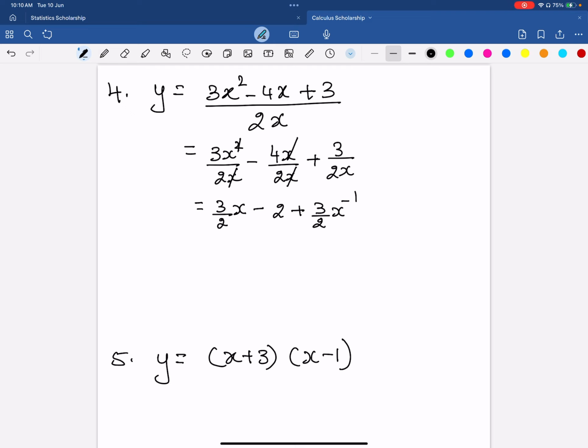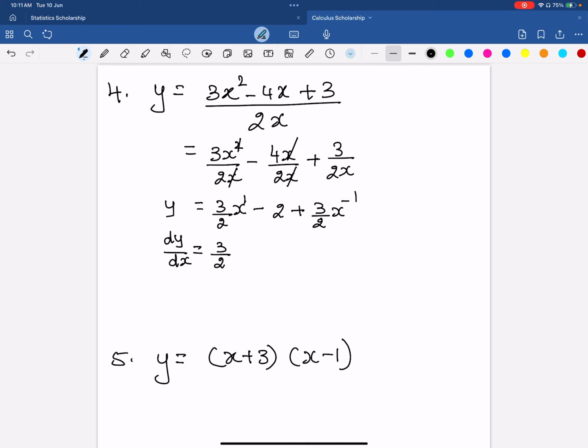So far I have not differentiated this function. Now I'm going to differentiate it. So I'm going to write dy over dx. You can write y dash as well, but you have to write it. Otherwise, you have not differentiated it. So what's the power of x here? The power of x is 1. So it is 3 over 2. You know that 1 minus 1 is 0, so that's gone.